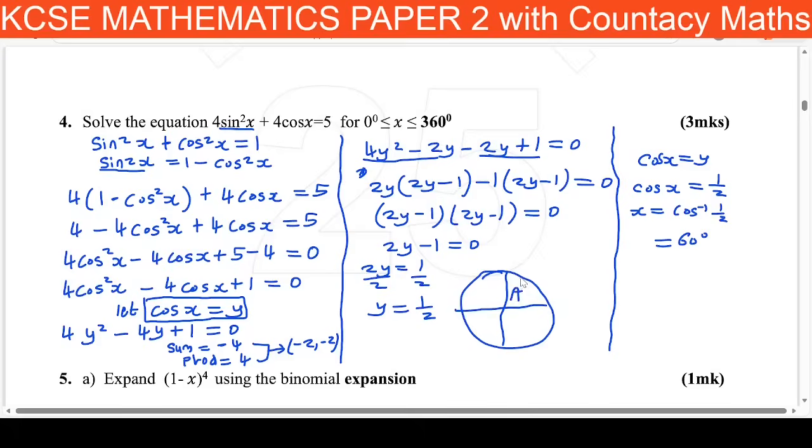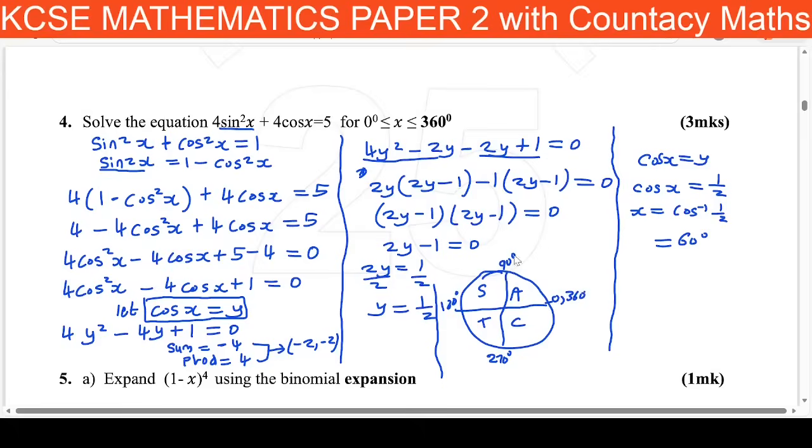We usually say that at the first quadrant, we have the second one, third one, fourth one. So this is the point where we have 0, this is where we have 90 degrees, this is where we have 180 degrees, this is the place where we have 270, and this is where you have 0 or 360 degrees.